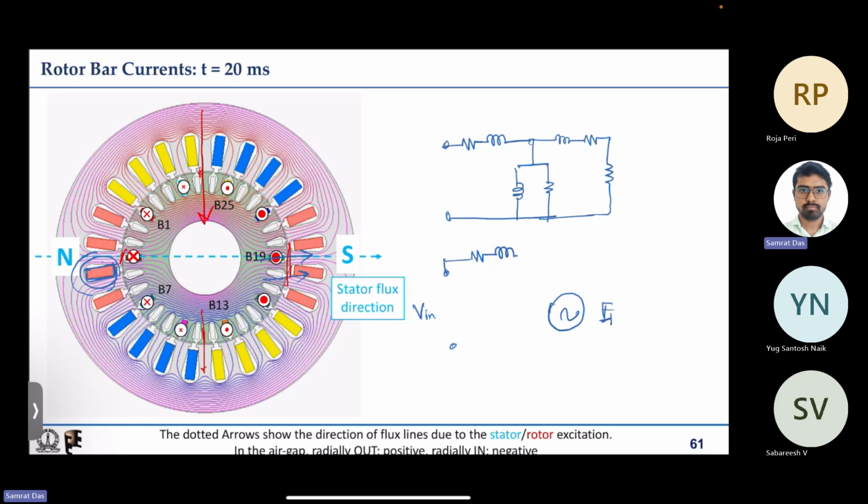So these are leakage lines for the stator conductor, and similarly there are leakage lines for all these stator conductors. All these correspond to the leakage inductance of the stator winding. And beyond that, what is this? This is the induced EMF in the stator winding, right? So this is how you can represent an induction machine.